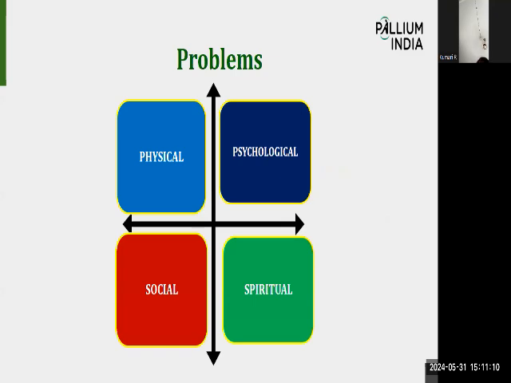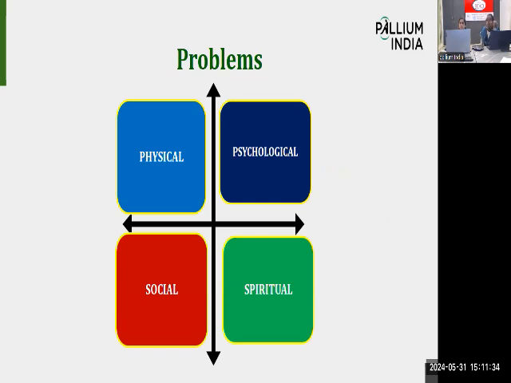Coming to the problems. So there are physical problems, psychological problems, social problems, and spiritual problems. From the first day onwards, we were thinking about total care. Here also, this is a non-healing ulcer, and this patient needs total care.